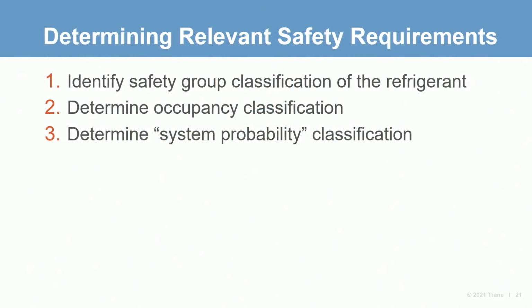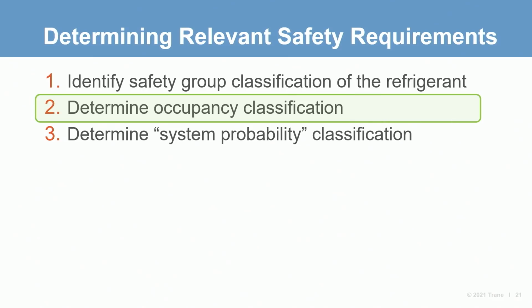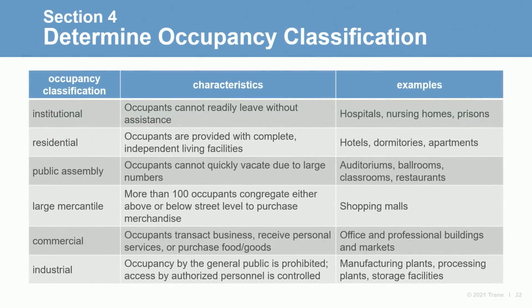Sure. As you recall, the second step is to determine the occupancy classification of the space that houses the refrigerating system. Standard 15 defines these 6 occupancy classes to reflect the various uses of a building, as well as the ability of the people inside to respond in case of an emergency.